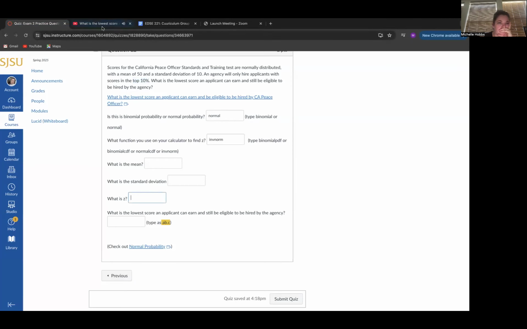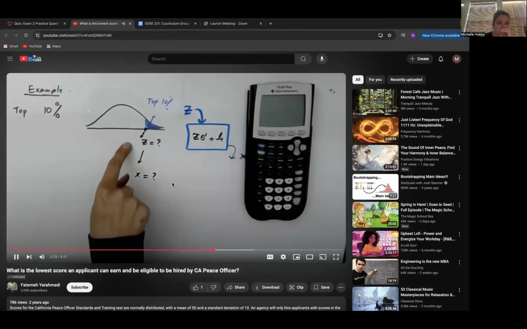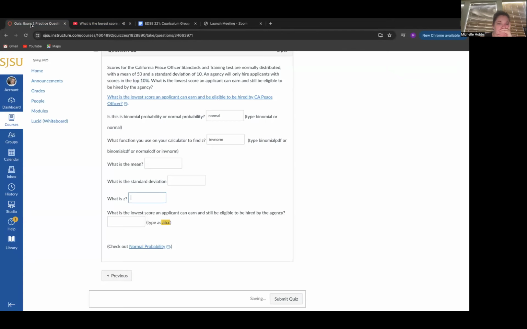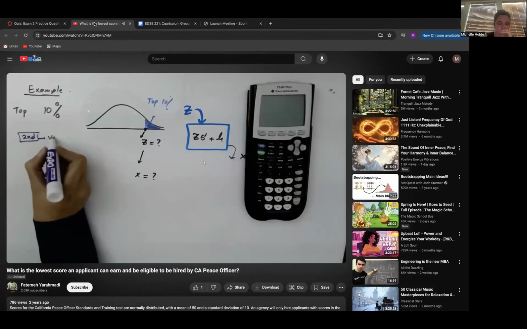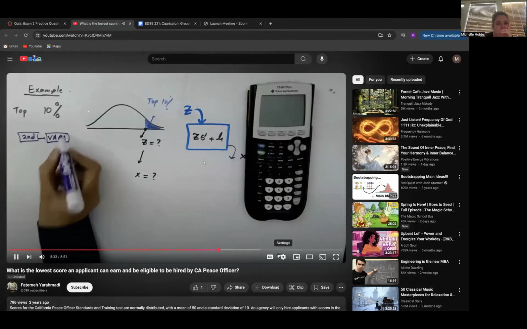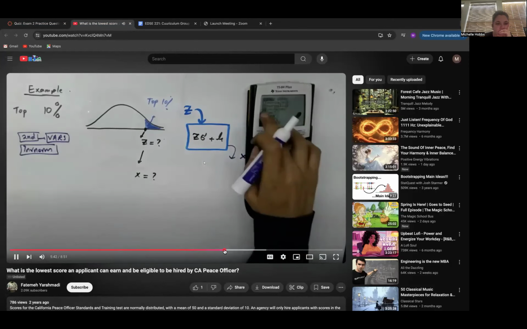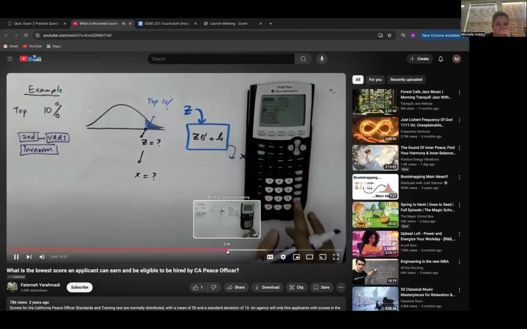Let's use our calculator. To find z, you're going to use your inverse norm. So go to second, vars, inverse norm.